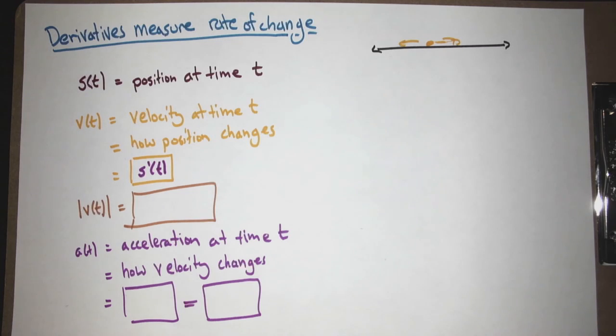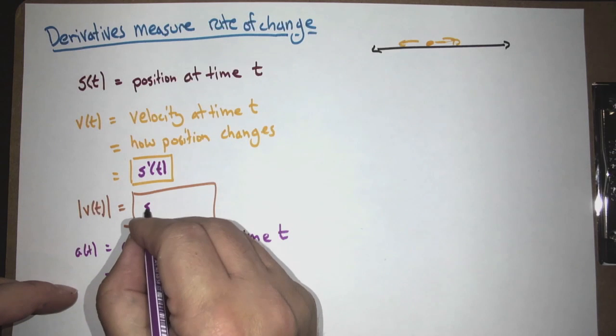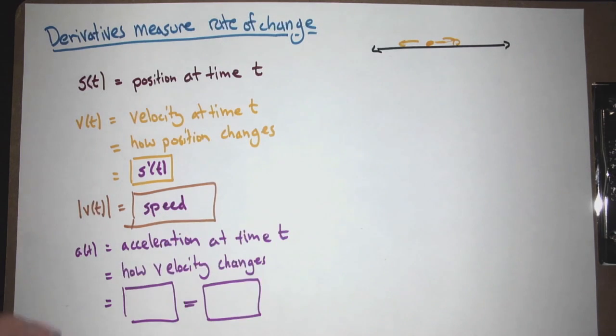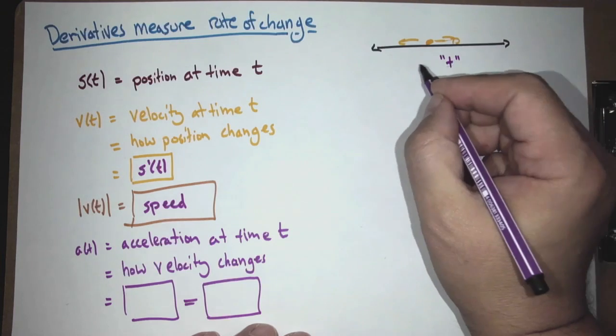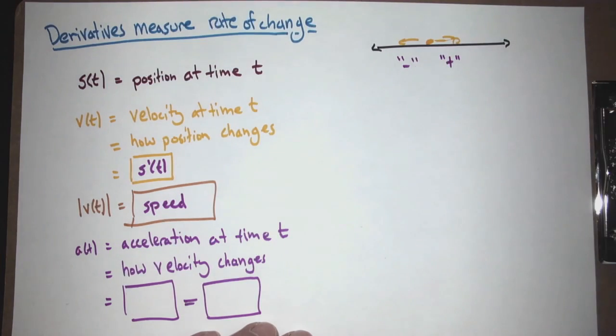Now, suppose you take the absolute value of velocity. What is that? And why is it different? It has a name. It's speed. What's the difference between velocity and speed? Velocity includes direction. I might say, well, wait, it's just a number, at least for our class. How could a number include direction? Well, it turns out that there's these things called plus and minus.